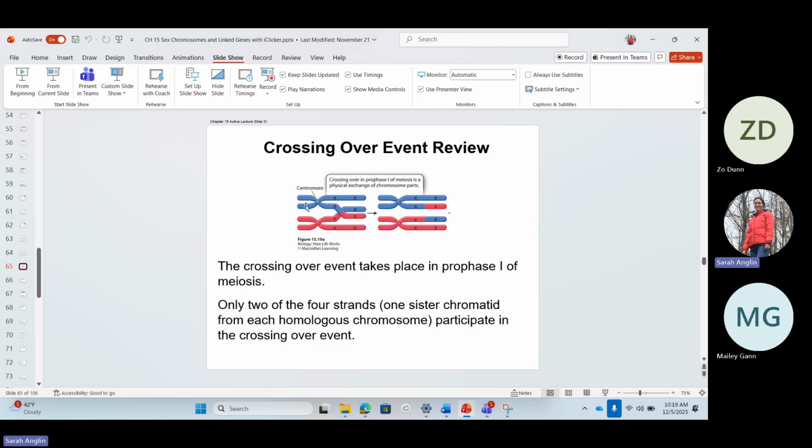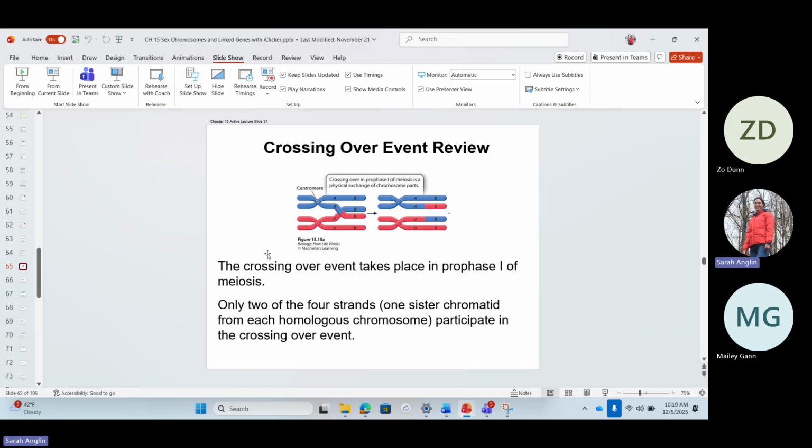However, it is possible for the original gametes to end up having something different. Because of the crossover event, the chromosomes that are produced can potentially have genes from both parents on one chromosome.